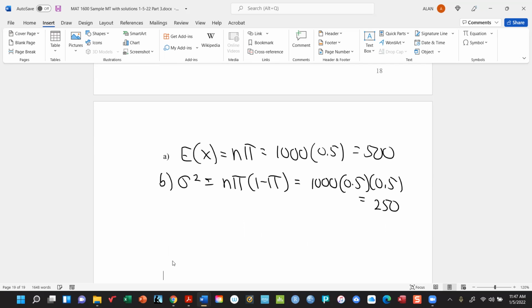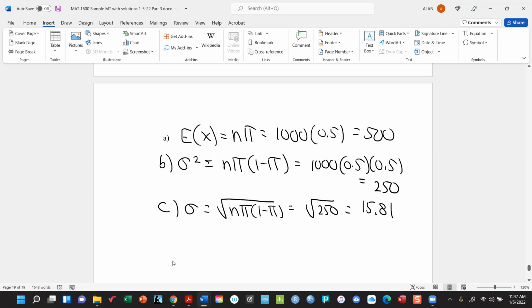And that's 250. All right. And then finally, the standard deviation. And the square root of 250 is approximately 15.81.